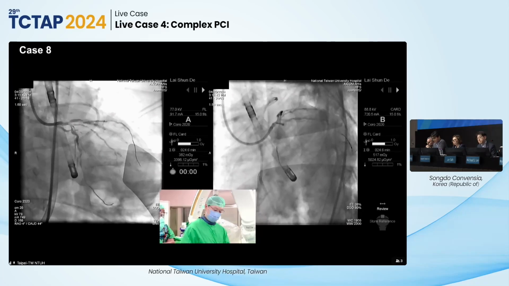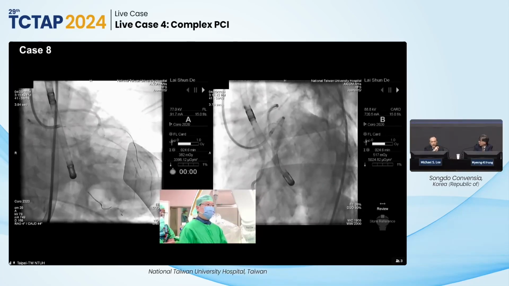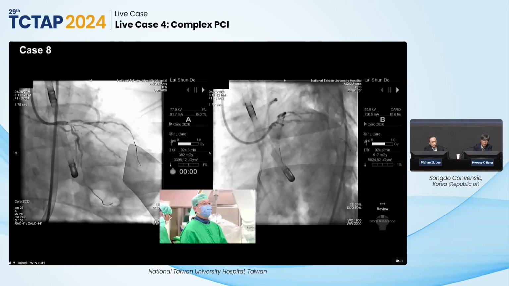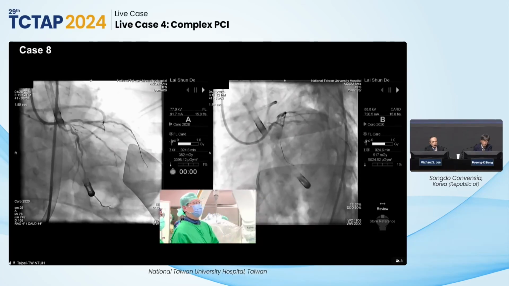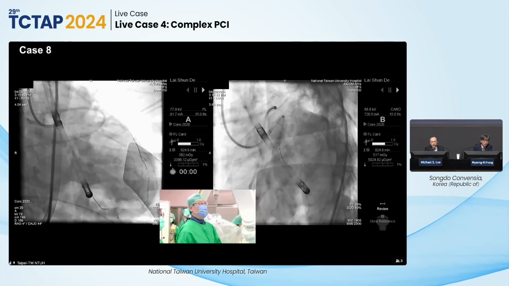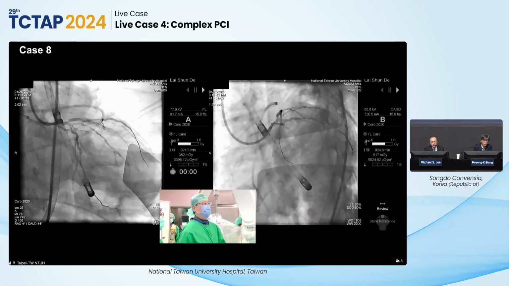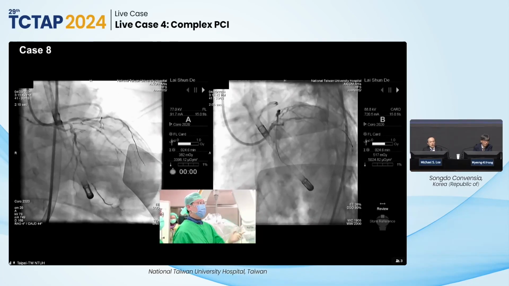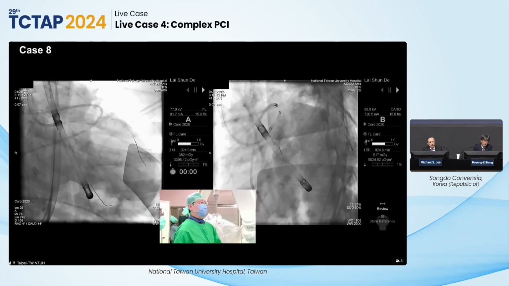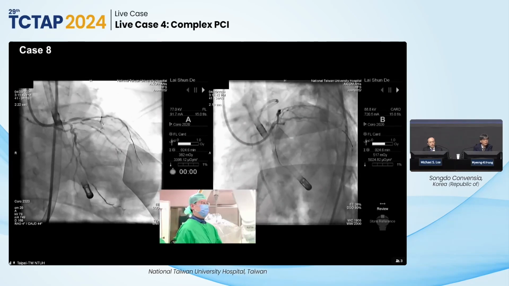Thanks. You know, I don't see the diagonals very well. If it's possible to go maybe more of a steep AP cranial, like 40 cranial AP, just because there's diags, and I just don't get a good sense of where the diags come off and how they are. Maybe the previous angiogram. Maybe a cranial view.